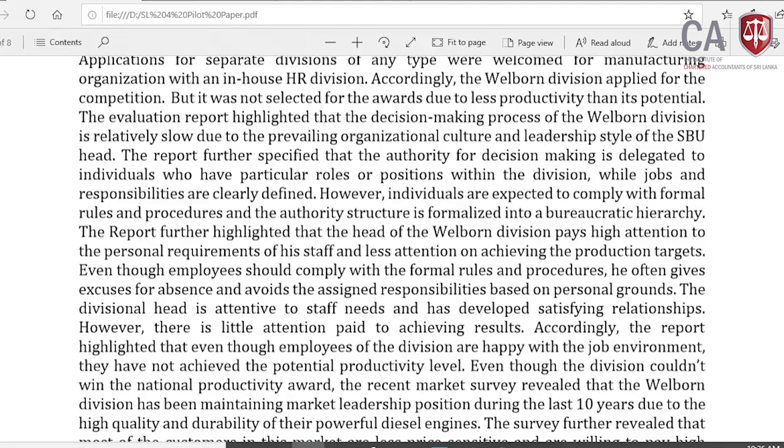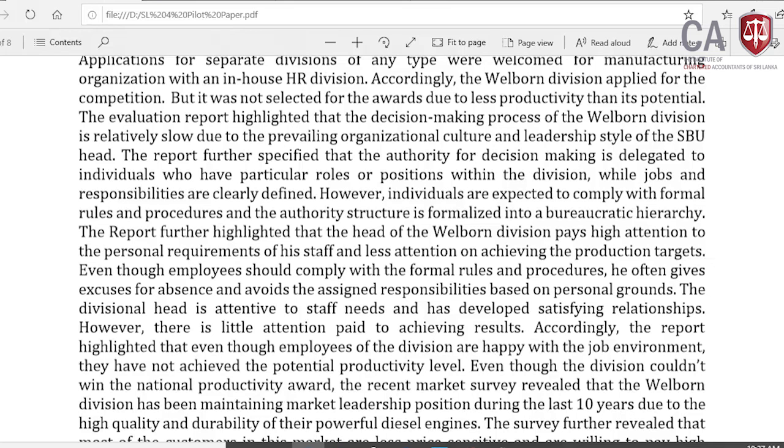Then we have identified some other point also. Job and responsibility are clearly defined. Look at that point. Decision making is inflexible.